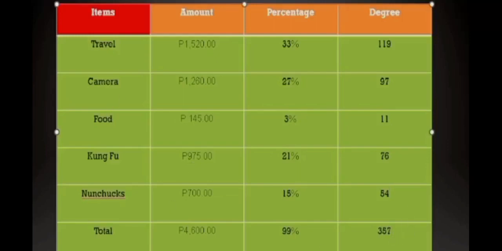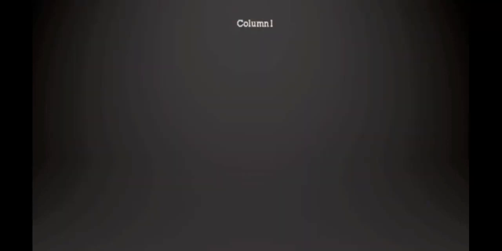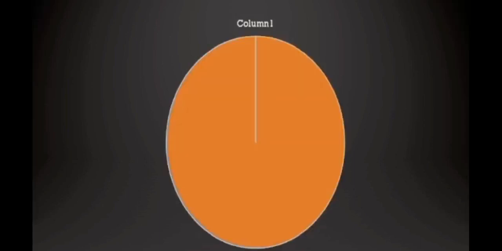After we get the percentages and degrees, we will now illustrate a circle or pie graph. The degree of the travel is 119. You need a protractor to measure it accurately.